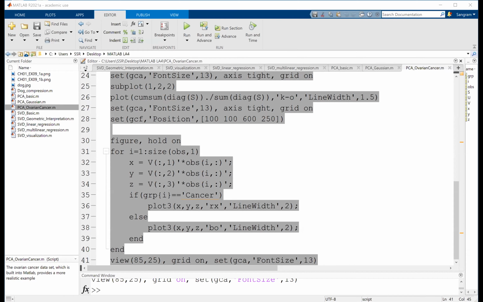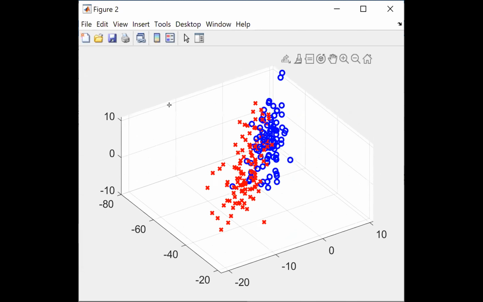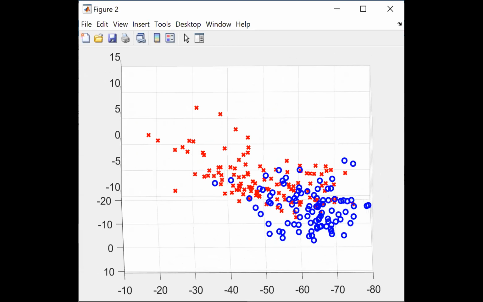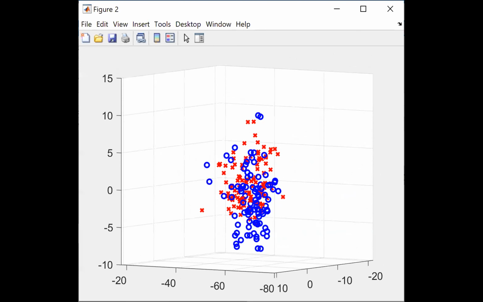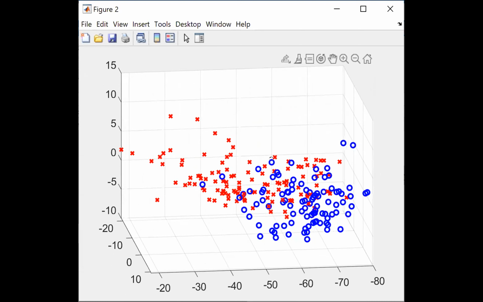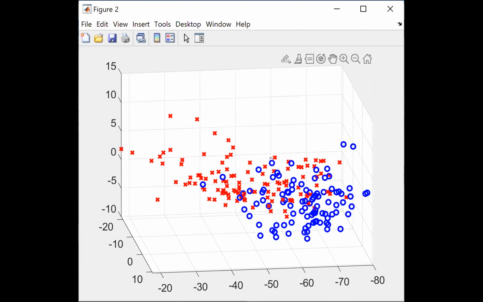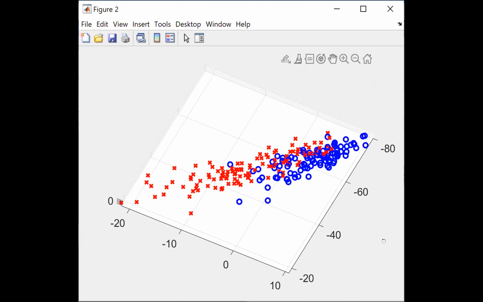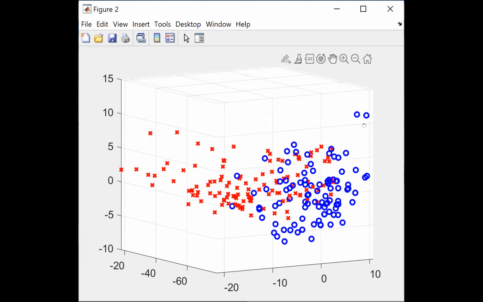Okay, so what I'm going to show you is, this is the data set. Perhaps it's not clear here. It looks like a huge overlap, right? But as soon as you change your perspective, this is super important.